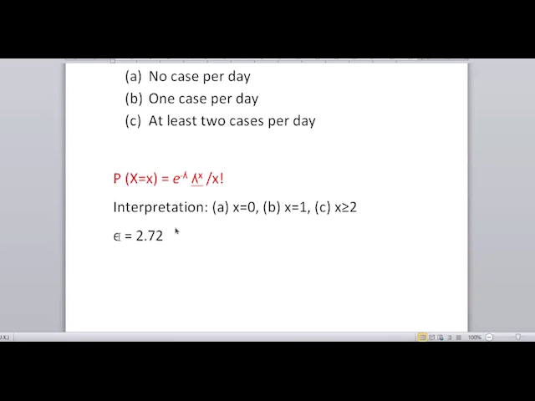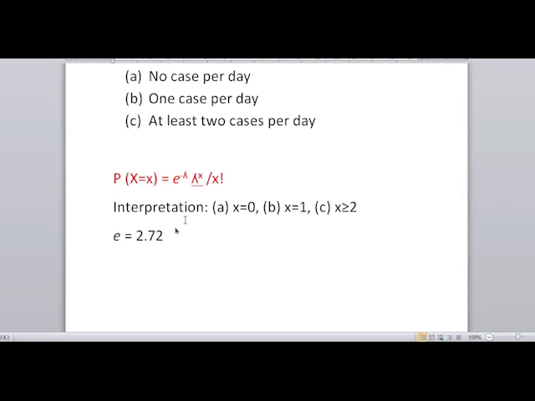Usually we discourage using these rounded off numbers because the answer tends to be slightly different from others who have used the complete value without rounding off. Right. So that's E. Then what is remaining is the lambda.